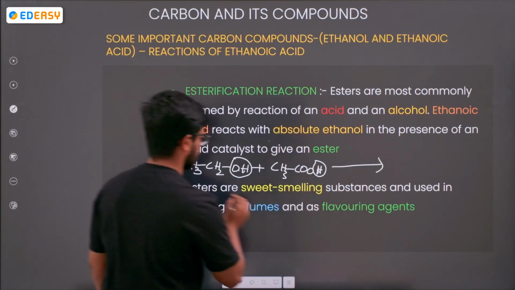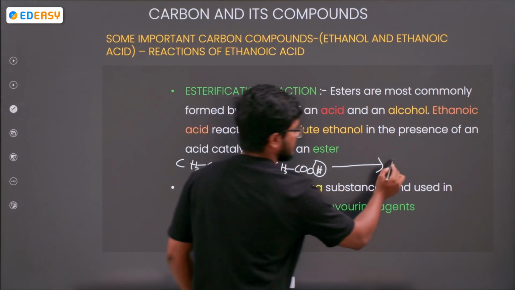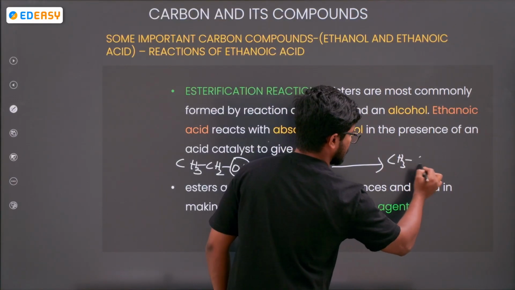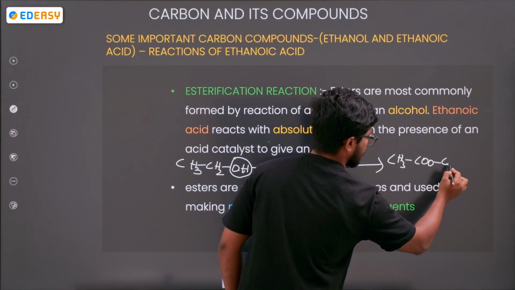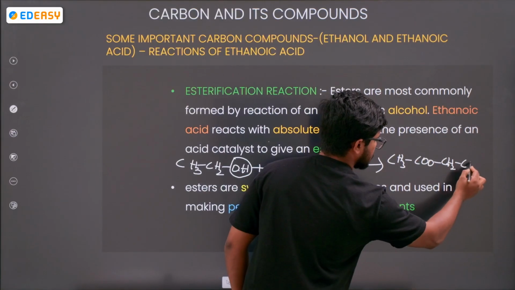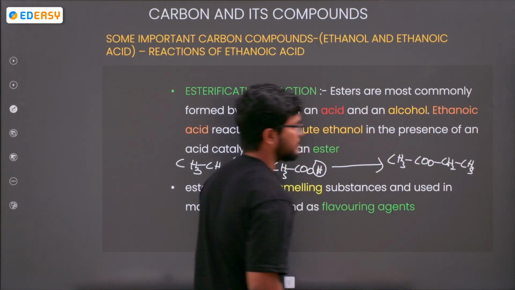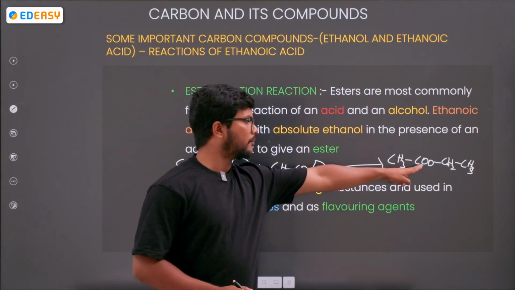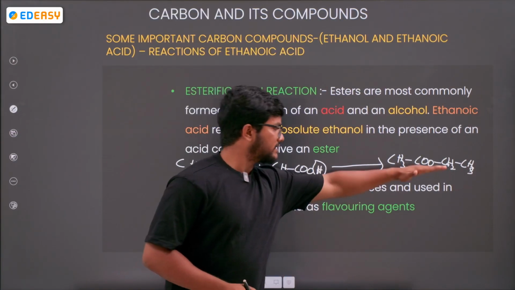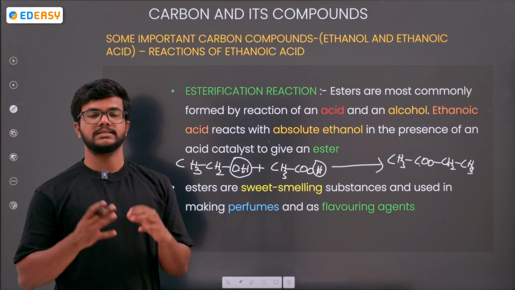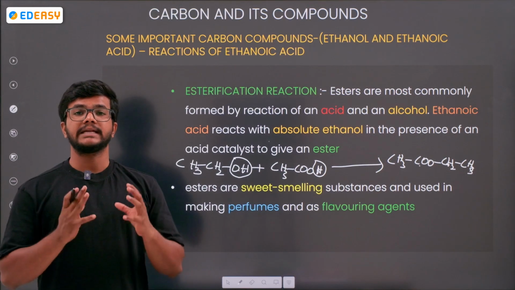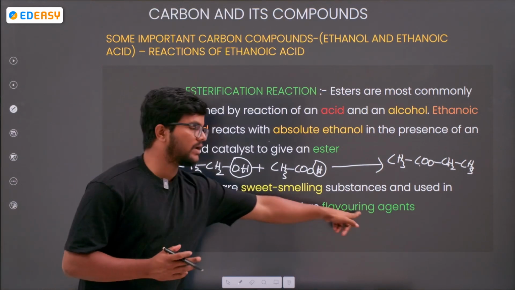This becomes CH3COOCH2CH3, which is nothing but the ester. The COO compound is called an ester. These esters give a sweet smell, which is why they are used in perfumes and flavoring agents.